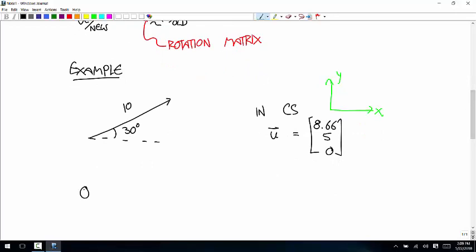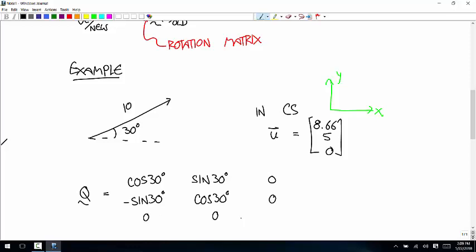Well, if we have a rotation matrix, and I'm not going to go into how to do this yet, but in a few minutes I will. So if we have a rotation matrix that says cosine of 30, sine of 30, 0, negative sine of 30, cosine of 30, 0, 0, 0, 1.